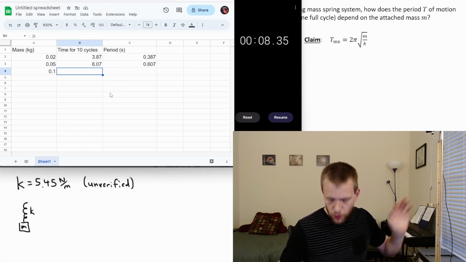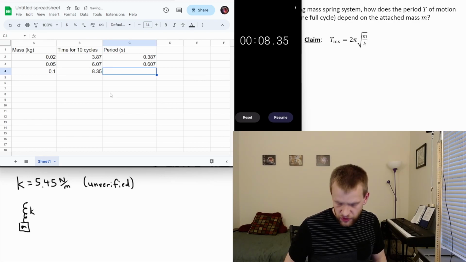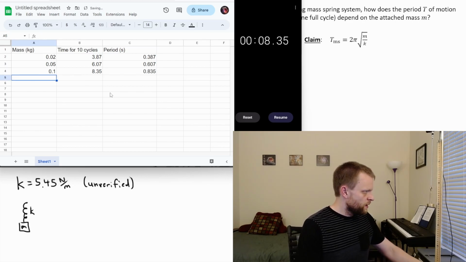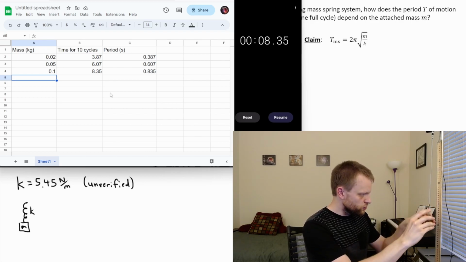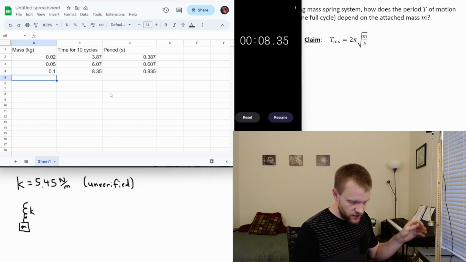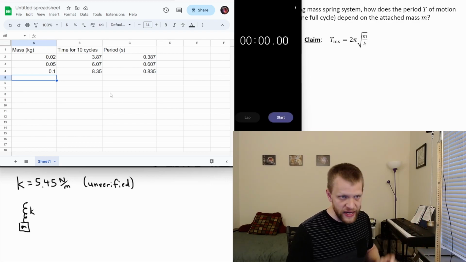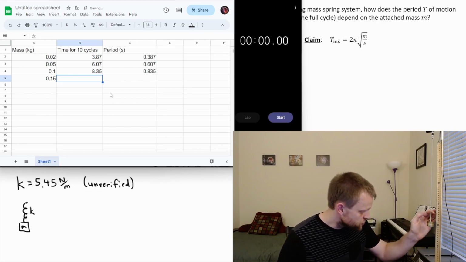Okay, so that's 8.35 seconds for 10 cycles, so 0.835 for one. As I mentioned before, once you have your experimental setup, taking more data is usually not too big of a hassle. So let me reset that. So now we're up to 150 grams, 0.15 kilograms.